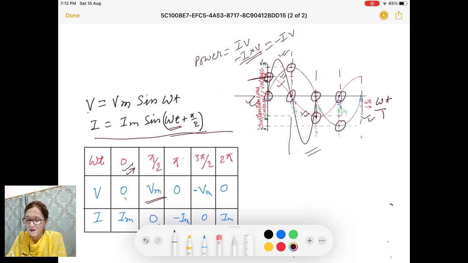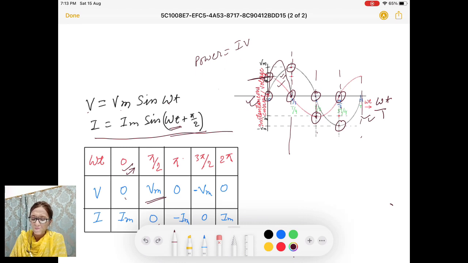Now in the third quarter you can see this is your potential and this is your current. Both are along the negative direction. So minus I into minus V, minus minus becomes plus. So in the third quarter, power becomes positive. Let me draw all these things with another color, because it is totally mixed.